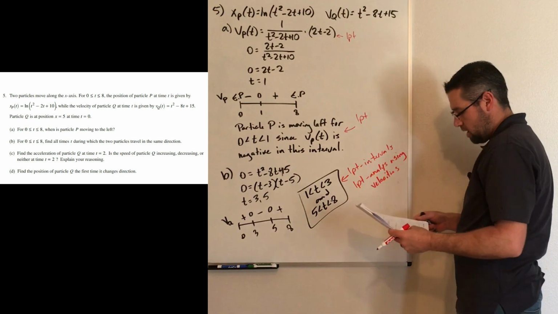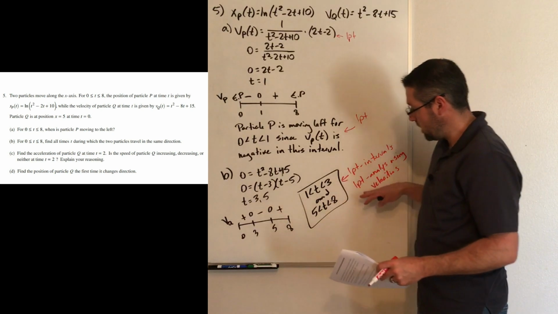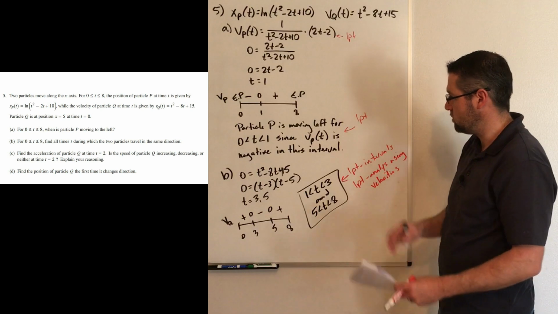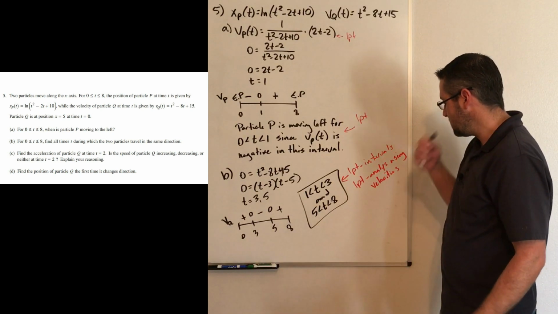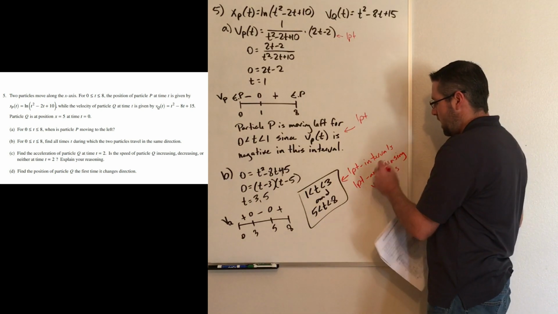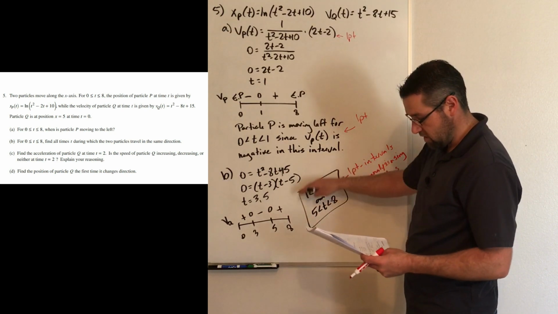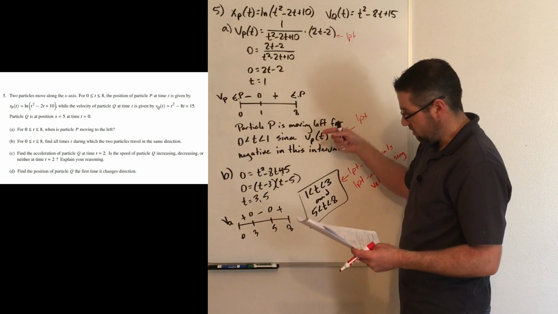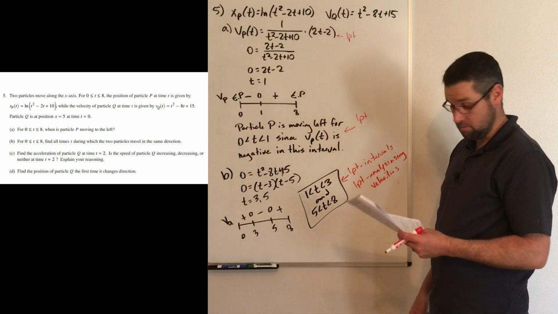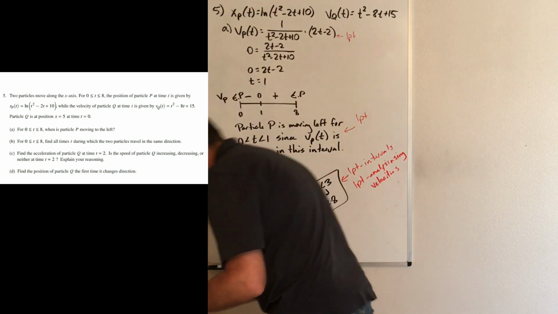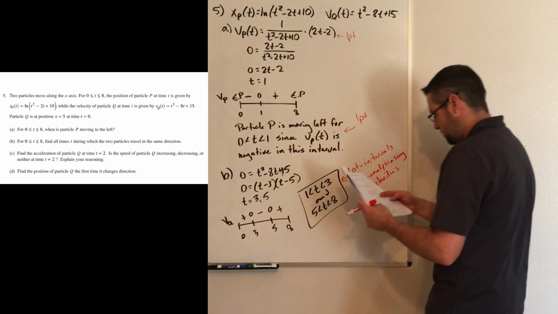So now, normally, I don't know why they're grading it like this, because normally they say the number lines are not valid in terms of any kind of justification. But in this case, they are saying it's okay. Really, what you should add to this is when they're moving in the same direction, because their velocities have the same signs over those intervals. So that's part B.